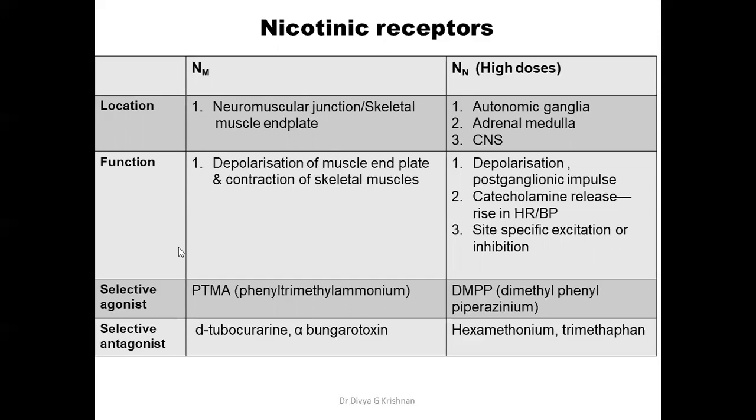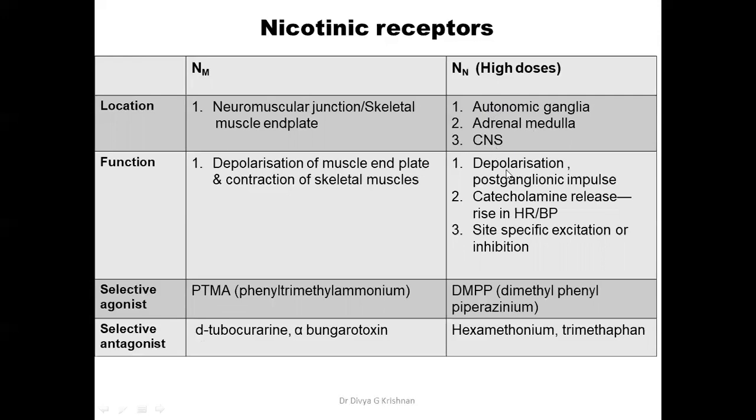Now, the selective agonist is PTMA and the selective antagonists are D-tubocurarine, a skeletal muscle relaxant, and a toxin, alpha-bungarotoxin. NN is located in the autonomic ganglia, both sympathetic as well as parasympathetic ganglia. It is located in the adrenal medulla and in the CNS.